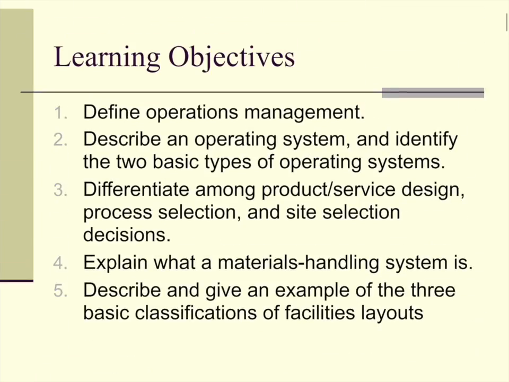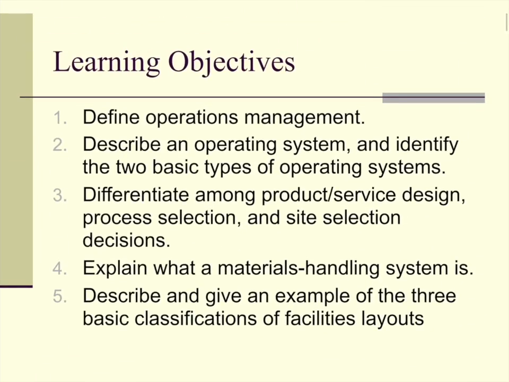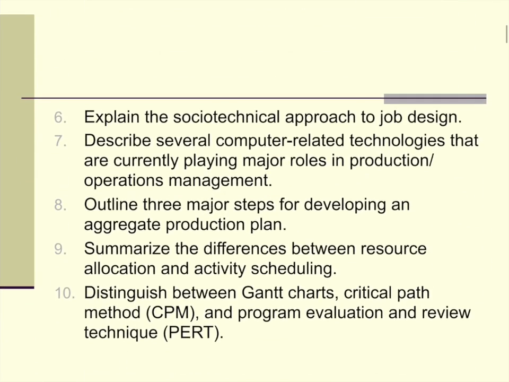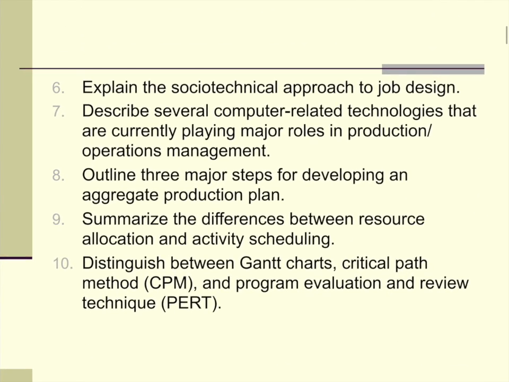Okay, that is the point. The definition, and then two basic types of operating system, and then the process selection and decision, and then the layout, how we do the layout, material handling and layout, and what is a Gantt chart.